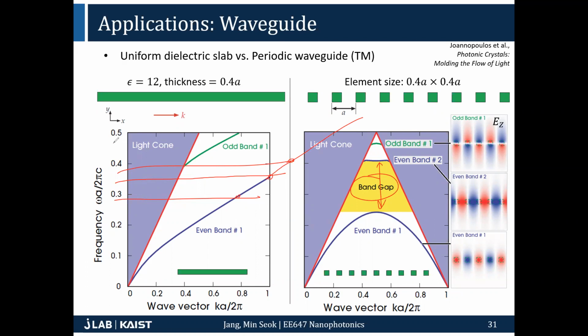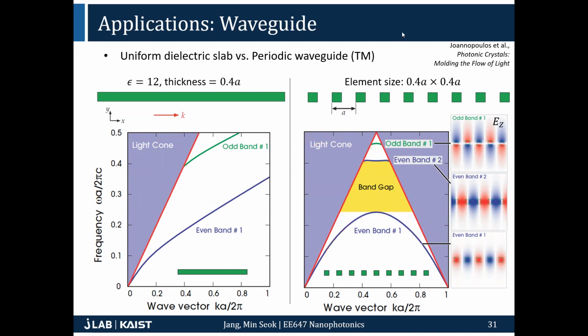And if your frequency becomes above the cutoff of the second band, then you're supposed to have 2 guided modes. But here, once you have a periodicity, you have a localized band in K space, and you start to have a band gap. And in this band gap, no transmission or no guided wave is allowed.